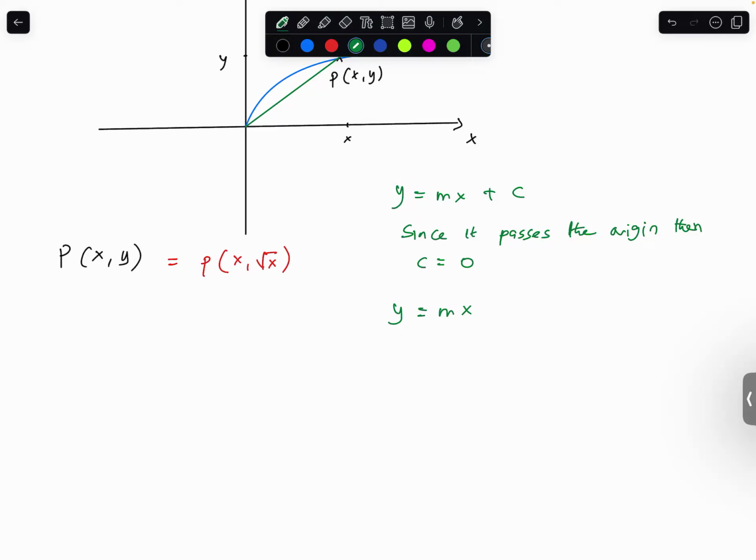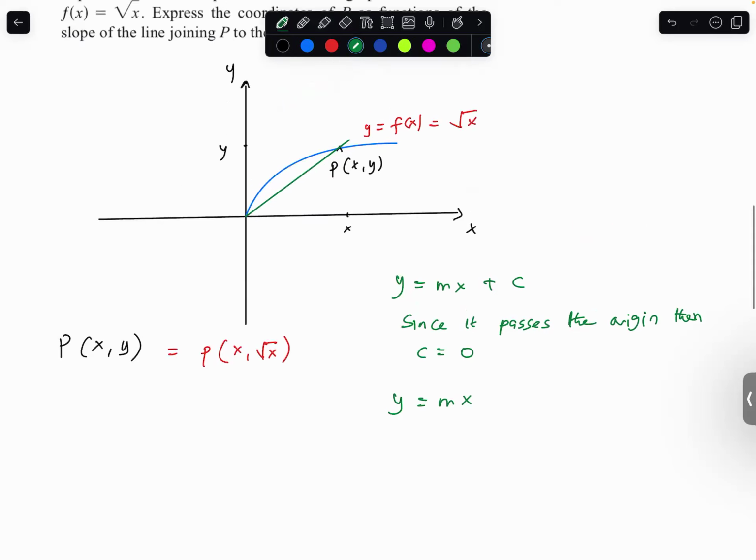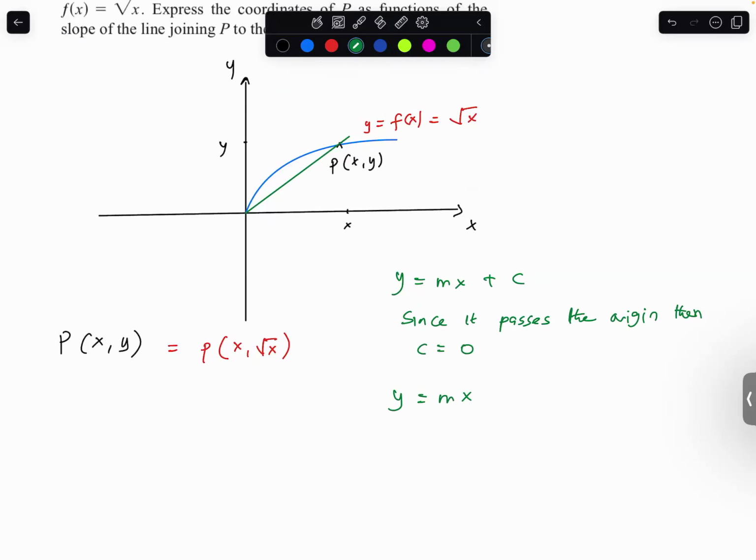But we also know that y equals square root of x, because at the point of intersection, where the line and the graph of the function meet, y is equal to square root of x.